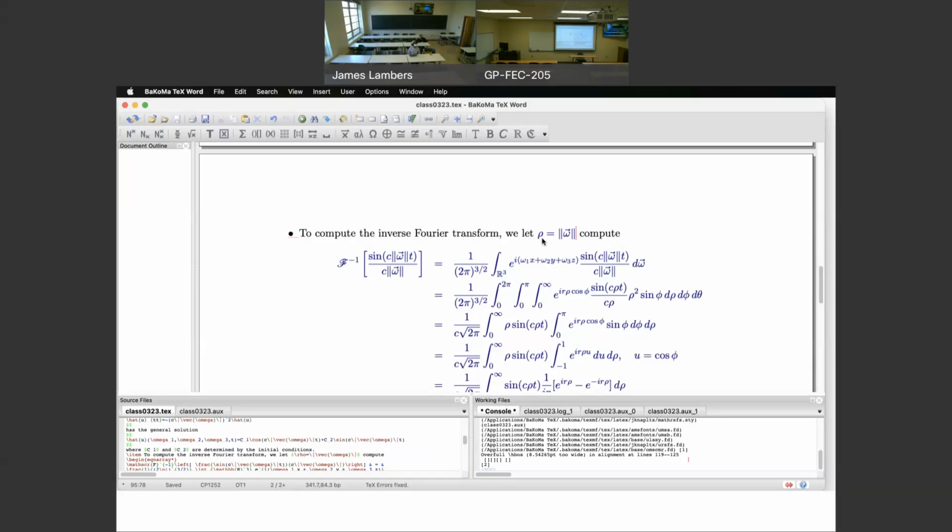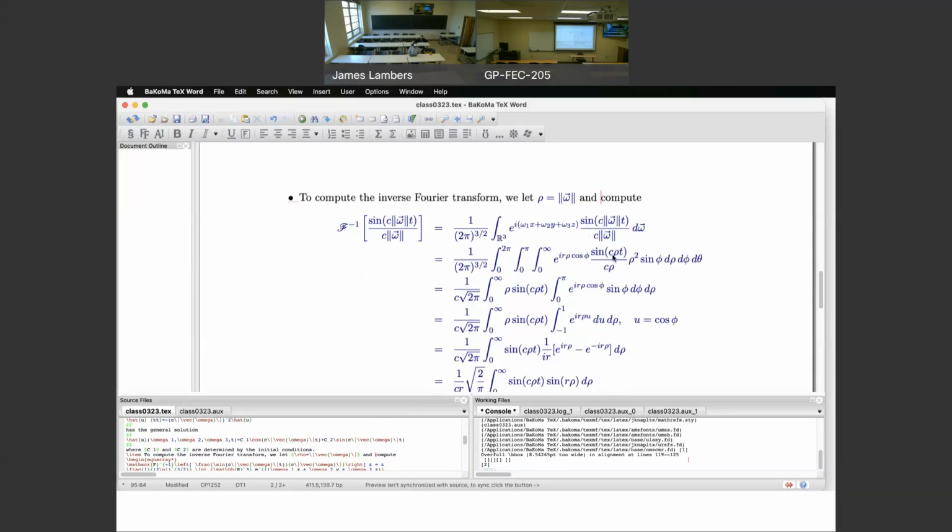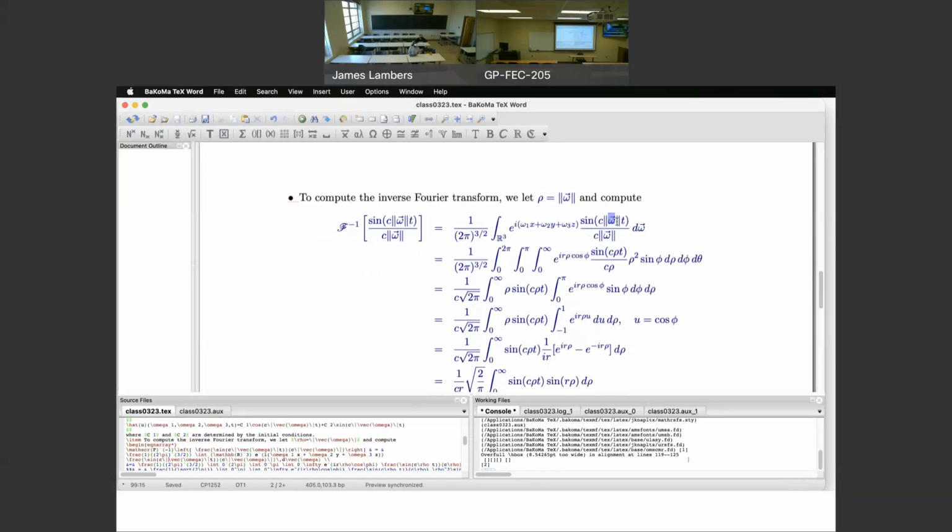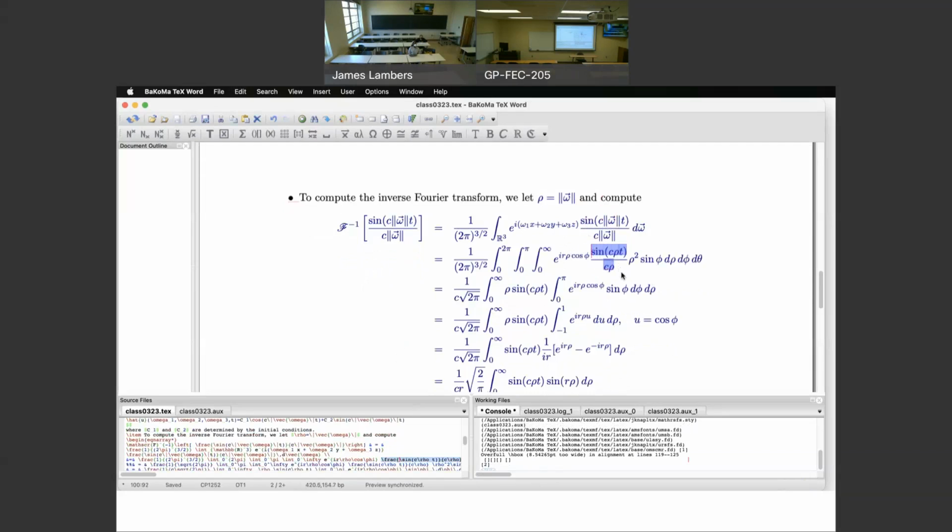So rho, where we see rho, that refers to not the magnitude of xyz, it's the magnitude of omega 1, omega 2, omega 3. So that's how we get sine c rho t. So any place where you see magnitude of omega, that's just rho. So that explains where this fraction comes from.